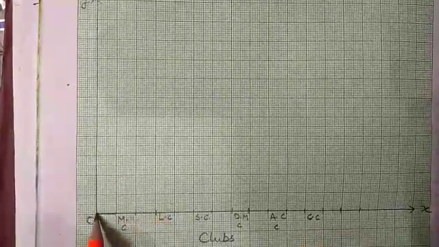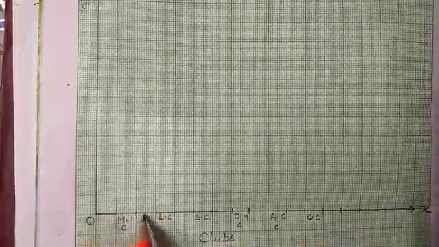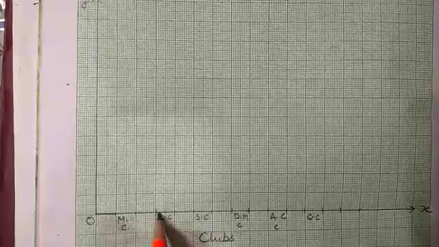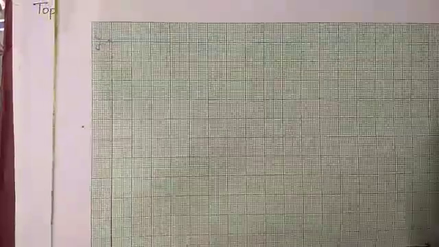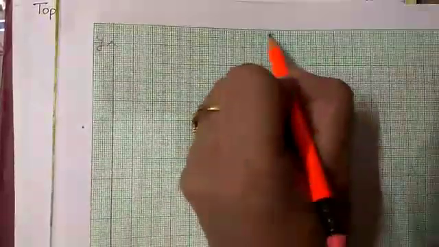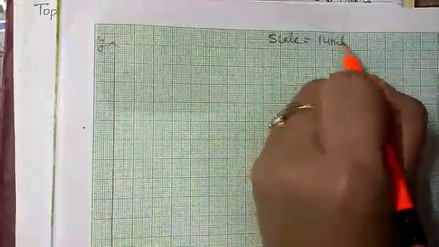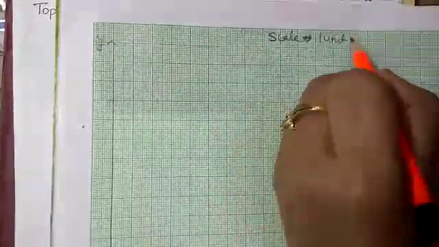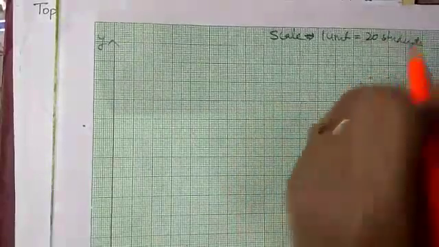This is the origin, the starting point. I have left 1 unit, then drawn here. Then again I am leaving one block blank and writing here. Okay. And on this vertical line, I have given a scale that 1 unit should be equal to 20 students. This is given in my question.